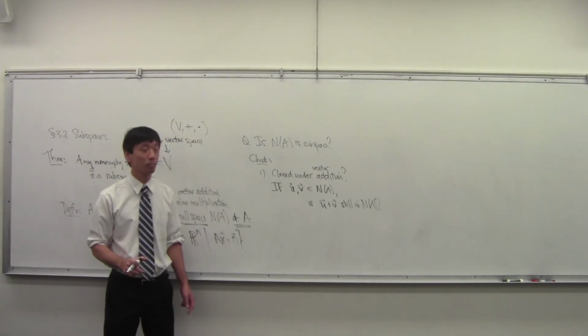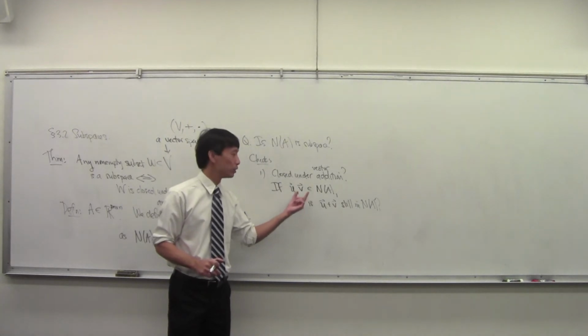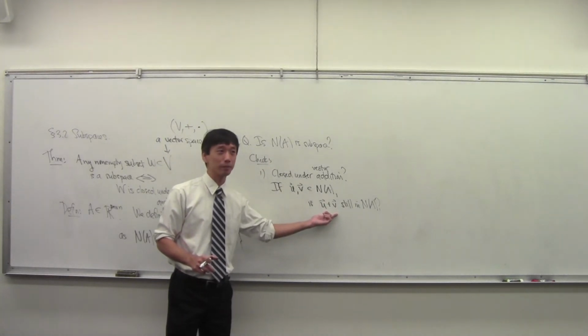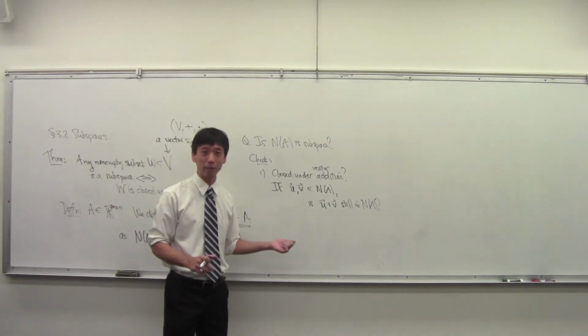If each of U and V get killed by the matrix A, does U plus V get killed by the matrix A? Think for 20 seconds. If AU and AV are both 0, is A times U plus V equal to 0?